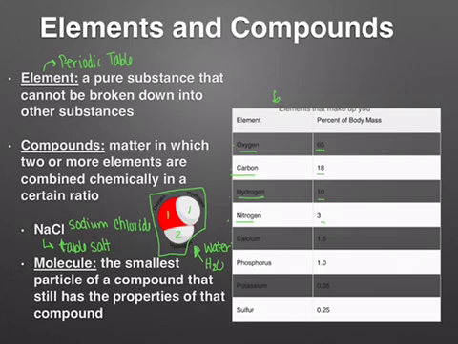Let's say an organism has a mass of 100 kilograms. That would mean that 65 kilograms of that mass is oxygen, 18 kilograms is carbon, and so on. So in any human body, oxygen is the element that's there in the highest quantity.